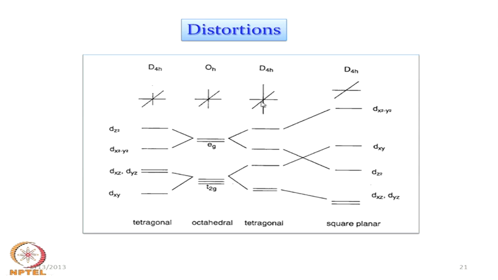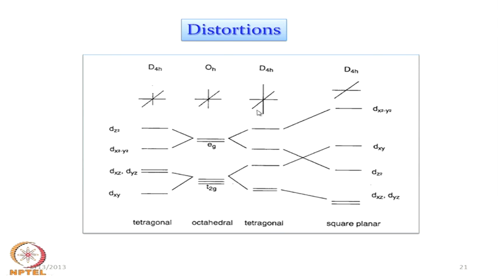the interaction along the z axis is less, which will give rise to the stabilization of the dz square orbital. So this is dz square and this is dx square minus y square. And the situation for the t2g set is also different. The t2g set will undergo splitting for tetragonal elongation.